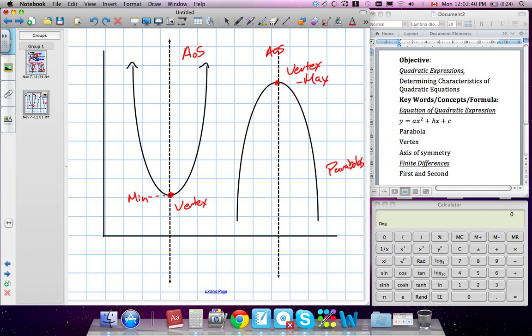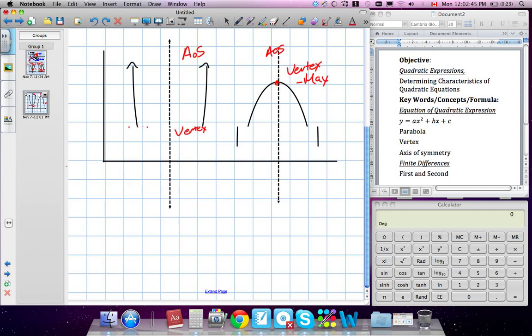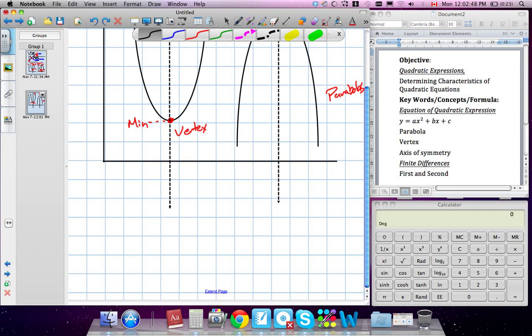Now, the equation that represents these shapes we've looked at when we were doing factoring and expanding. If you guys recall, I'd given you guys this equation. Y is equal to ax squared plus bx plus c. This was our A value, our B value, and our C value.